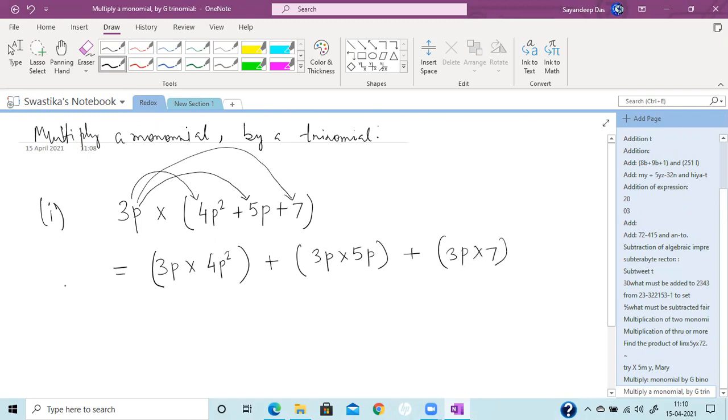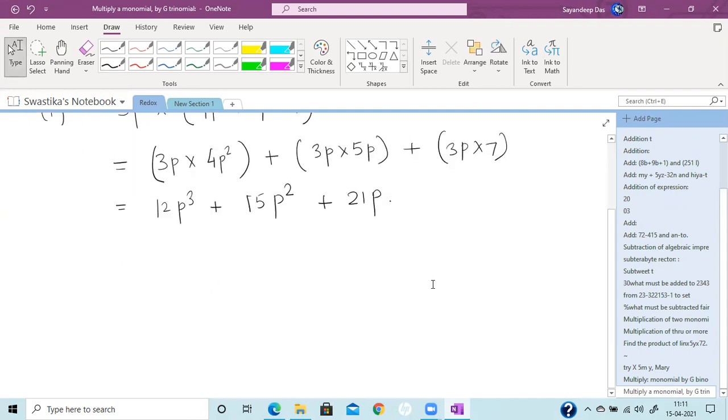So what do we get? 3 4s are 12 p cube plus 3 5s are 15 p square plus 21p. This is your answer: 12p cube plus 15p square plus 21p. I hope this is clear.